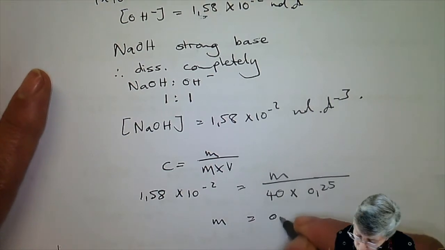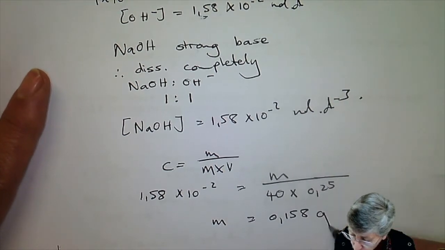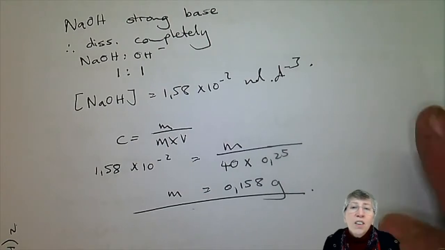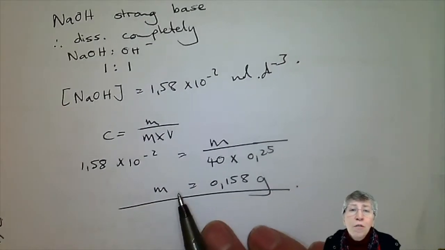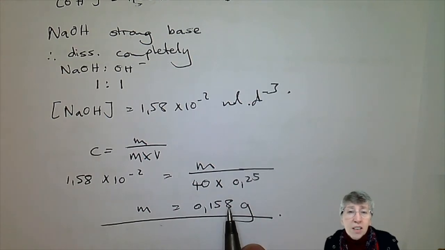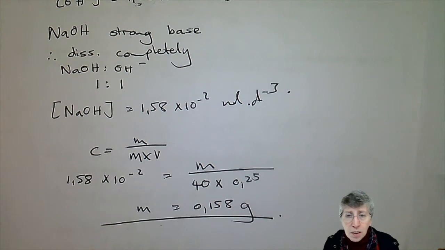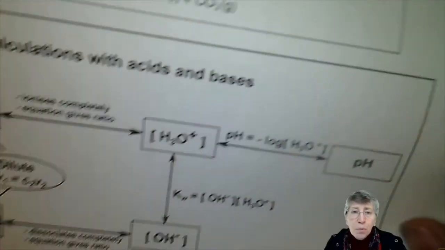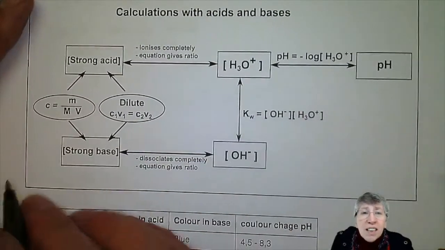And I end up with 0,158 grams. Right, so guys, you end up with 0,158. You may round that to 0,16, okay, or you can leave it like that, a minimum of 2 digits after the comma. Right, moving on.